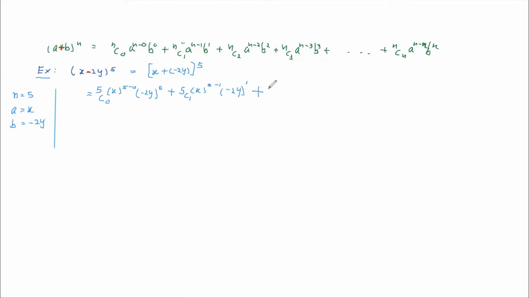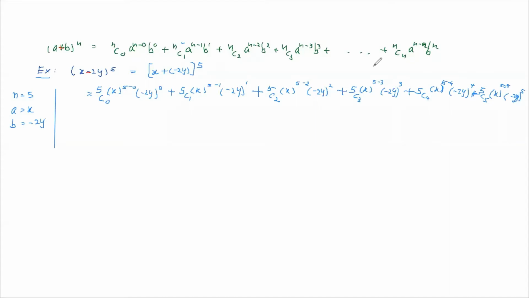plus 5C2 x^(5 minus 2), and then this one minus 2y power 2, plus 5C3 x^(5 minus 3), and then this one is minus 2y power 3, plus 5C4 x^(5 minus 4), and this one is minus 2y power 4, and the last term is 5C5 x^(5 minus 5), and this one is minus 2y power 5.